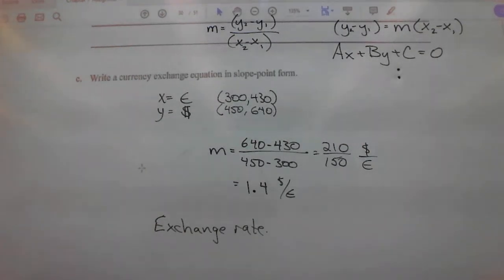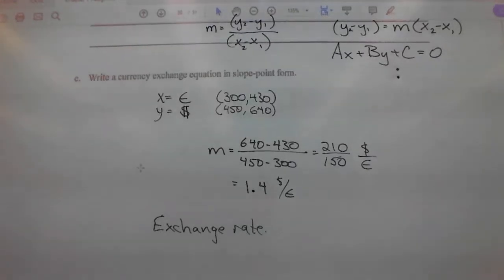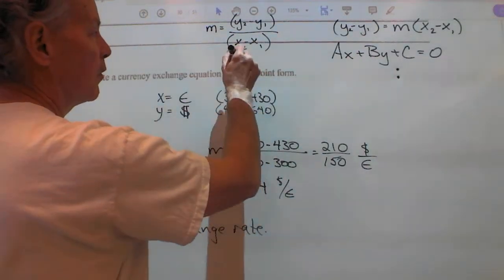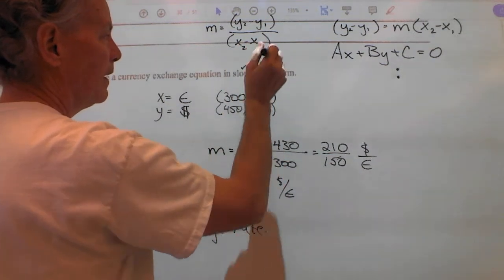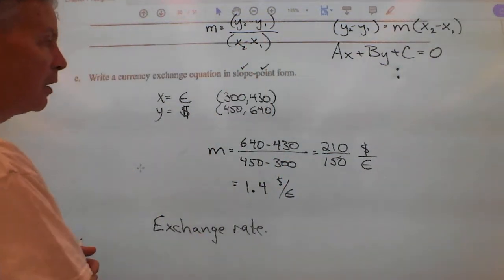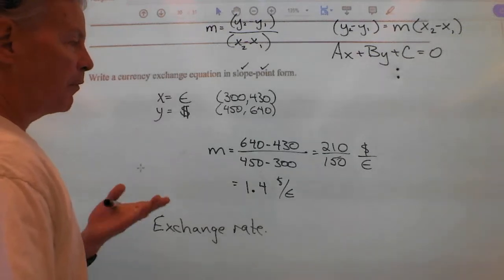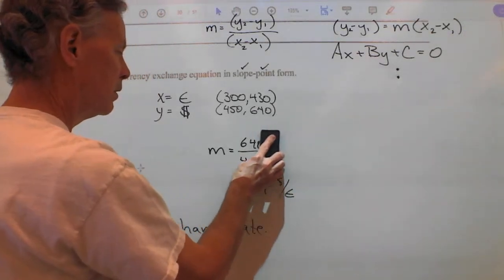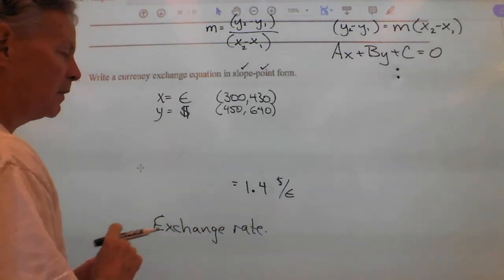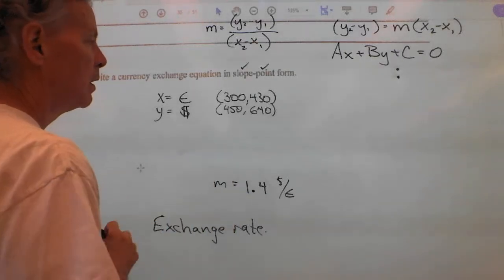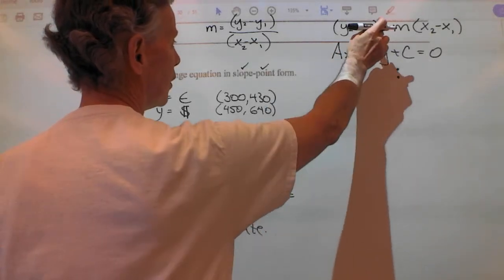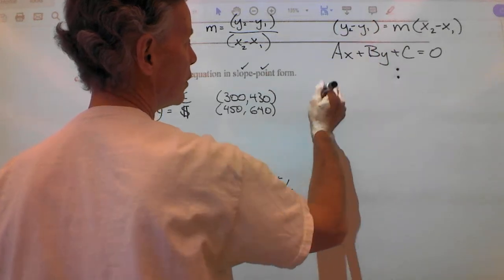Write a currency exchange equation in slope point form. Well, we have everything we need, right? For slope point form, we simply need the slope and any one point on the line. So, our slope point form for this one is, remember, here's our slope point form of the equation.